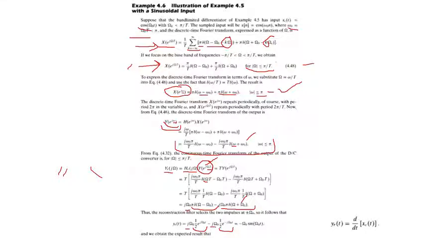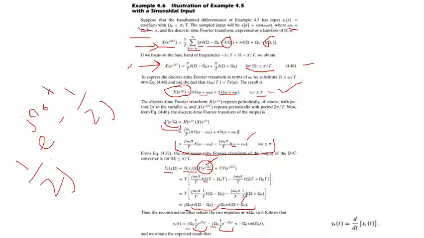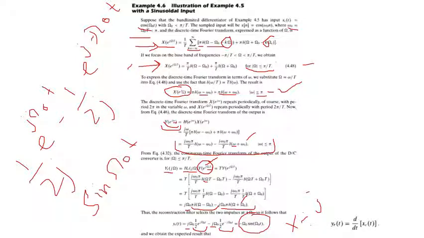So this is equivalent to 1 by 2j e^{jω0t} minus 1 by 2j e^{-jω0t}, which is equal to sin ω0t. Here we have j in the numerator, so multiply and divide this equation by j. You will solve this and the ultimate result will be minus ω0 sin ω0t.